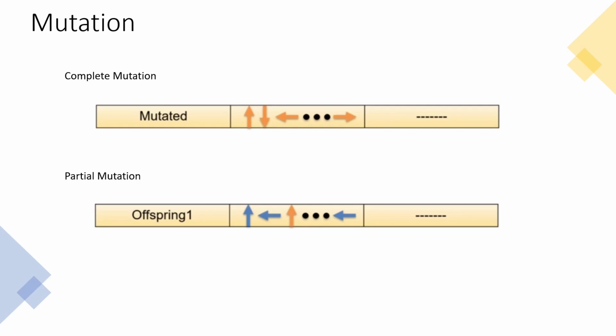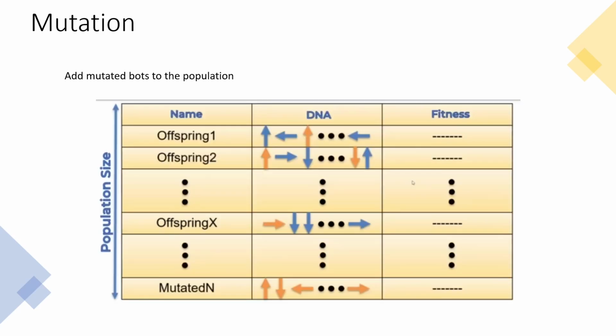Then we have the concept of complete mutation or partial mutation. We will be seeing them in examples. Then we add these mutated bots to our population. So we apply crossover, we create a population, and for this newly created population, we apply mutation to come up with a stronger population.